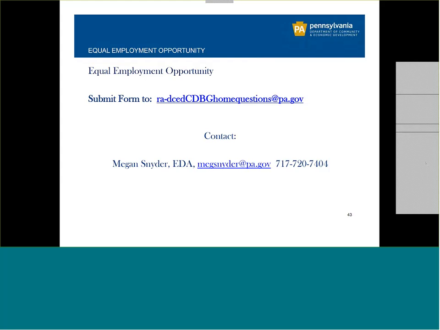Okay. Next question is, do you have any guidance for how to record multiracial employees? That's a very good question because HUD hasn't really even figured that out yet. If you look on the census, sometimes they call it multiracial or two or more. I mean, there's different things I've seen on the census information on how to do that. I would say that if they're of a minority, I would mark them as that minority.